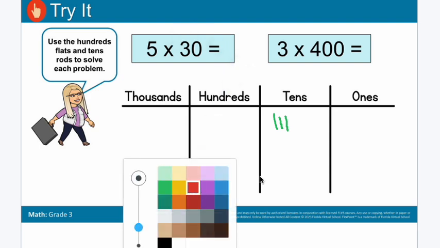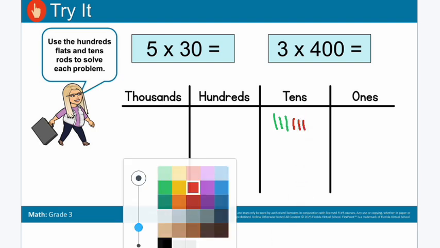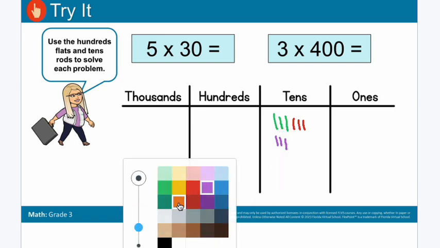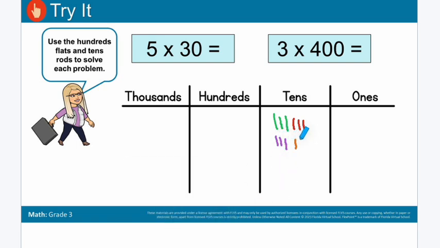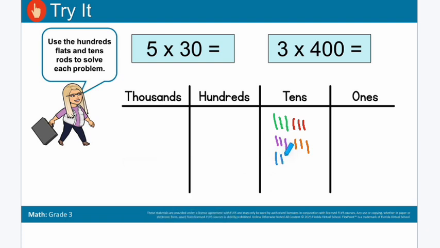Okay, then I have 1, 2, 3. There's my second group. 4, 5, 6, 7, 8, 9. We'll do this one. 10, 11, 12.